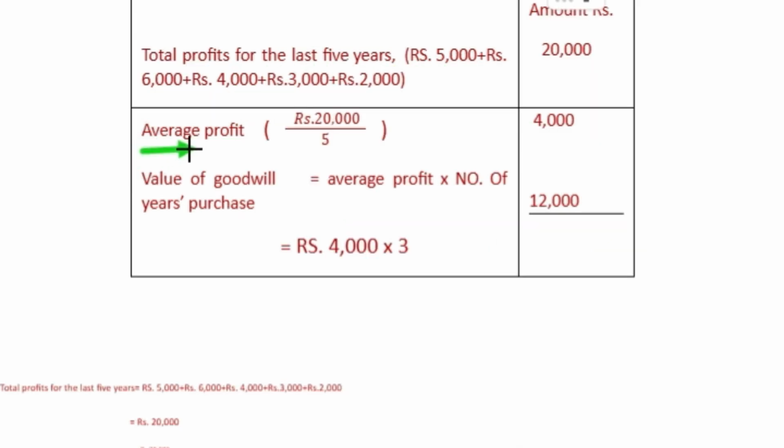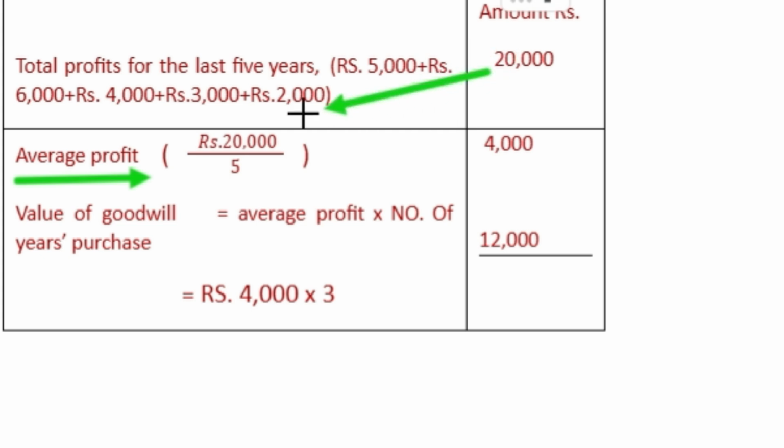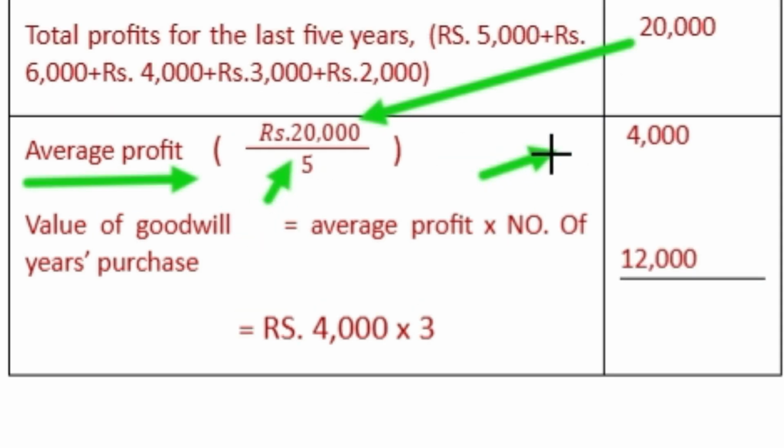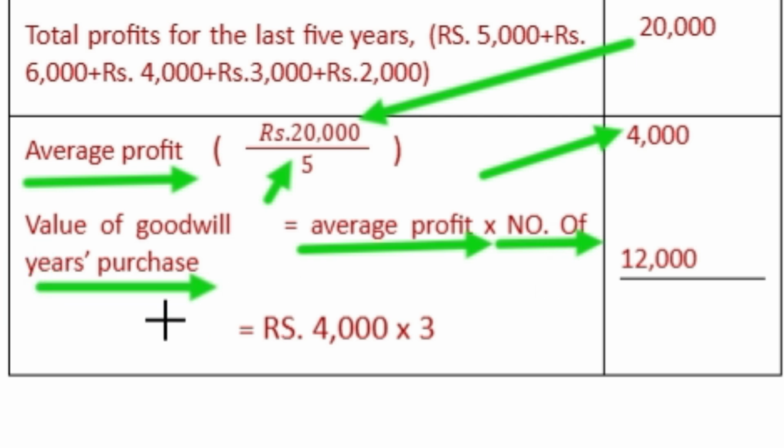Total profit 20,000 divided by number of years 5, average is 4,000, and this average profit is to be multiplied by the number of years, that is 3, given in the question. So 4,000 multiplied by 3, the value obtained is 12,000. Hence this is the value of goodwill.